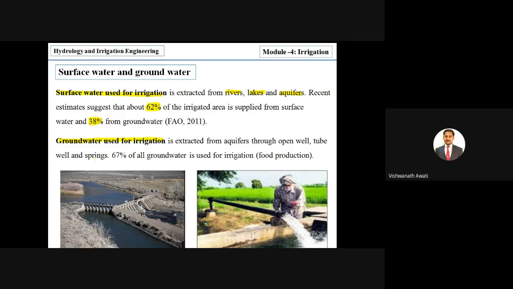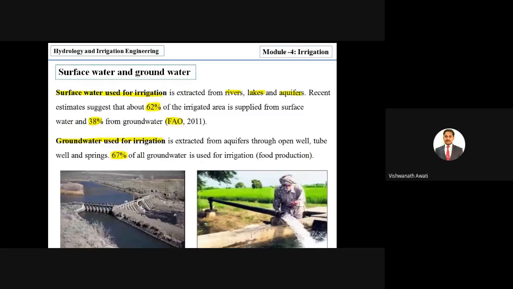And of the total amount of groundwater, 67% of the groundwater resource or exploration is used for irrigation purposes, according to the Food and Agriculture Organization. The Food and Agriculture Organization is a unit of the United Nations, a very well-known organization which has the aim of removing hunger from countries.